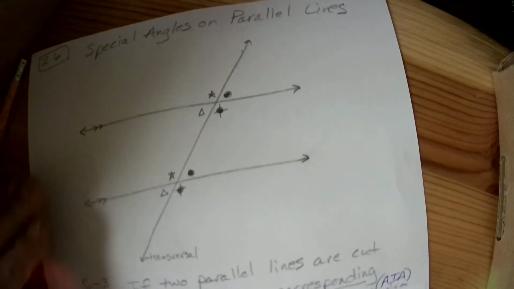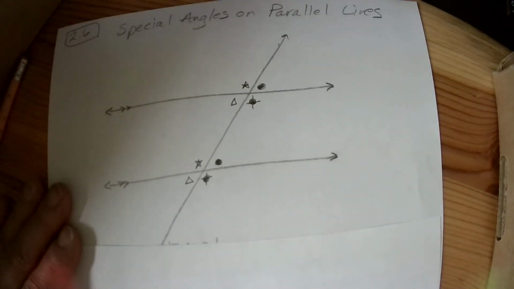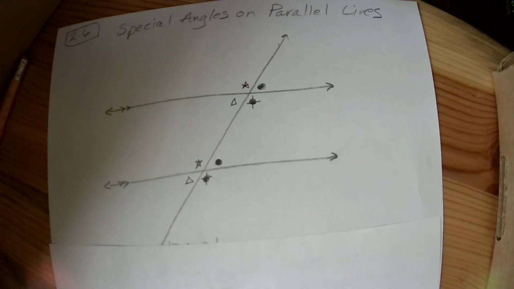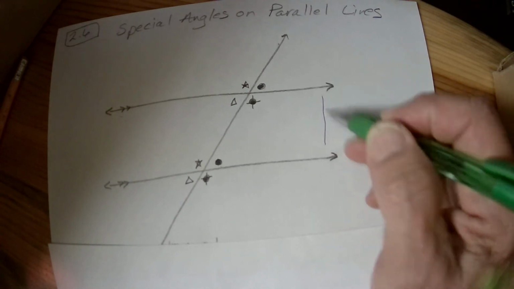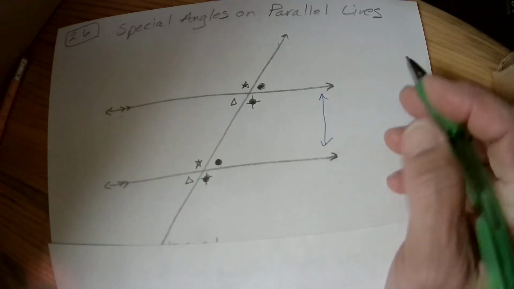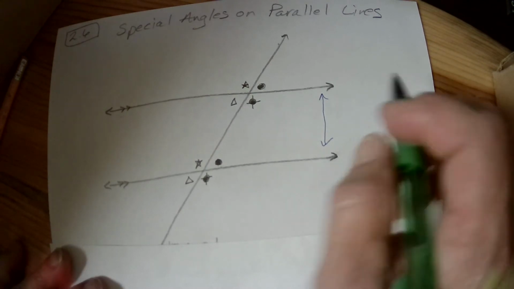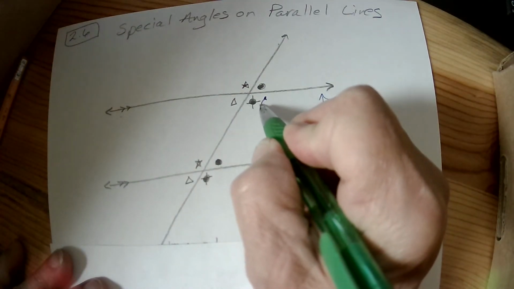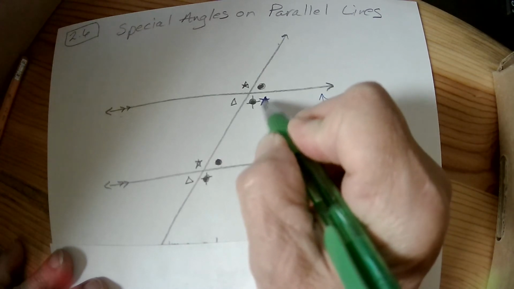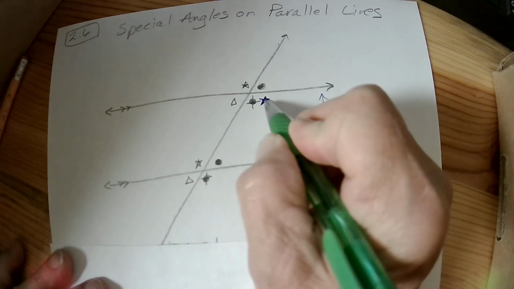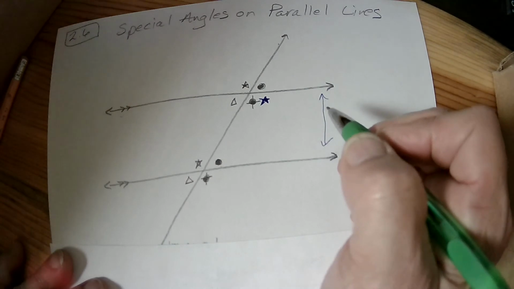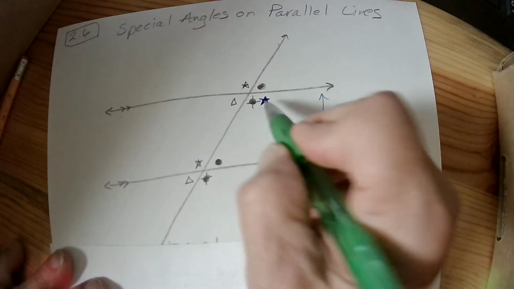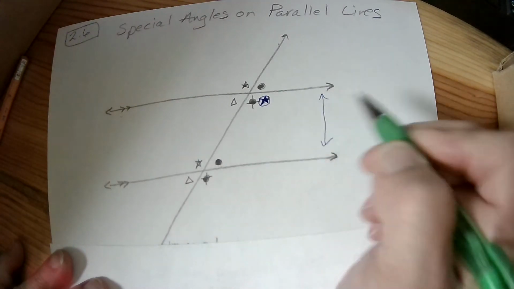Let's look at their interior angles, meaning they're on the inside of the parallel lines. We'll put a star in a circle.